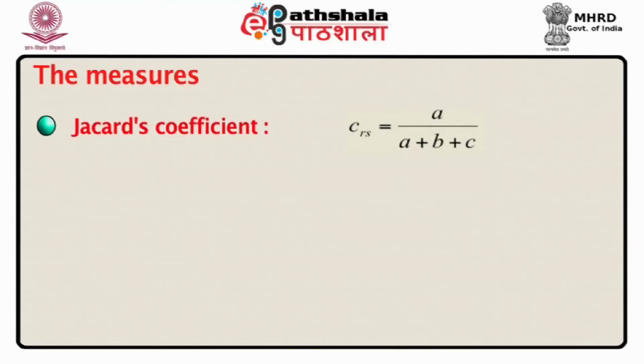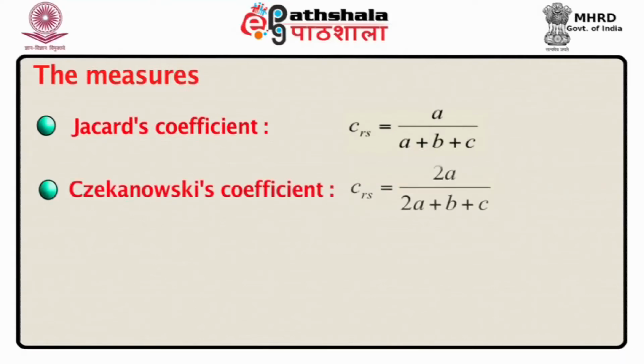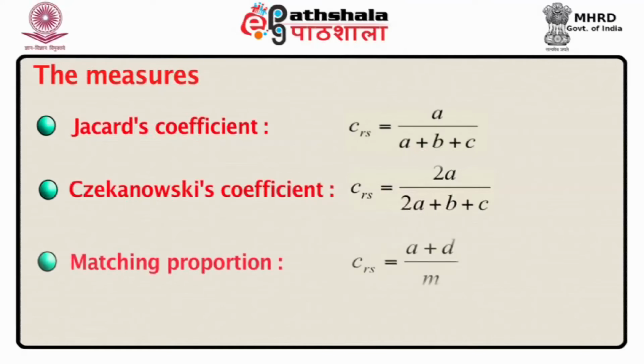Another measure is the Sorensen's coefficient. In this case, C_RS is given by twice A over twice A plus B plus C. And finally, a third type of measure, which is slightly different from the previous two, is the matching proportion. In this case, C_RS is equal to A plus D by M.